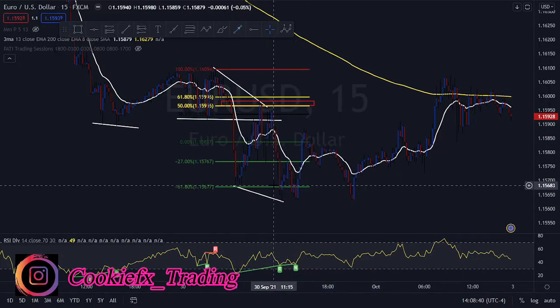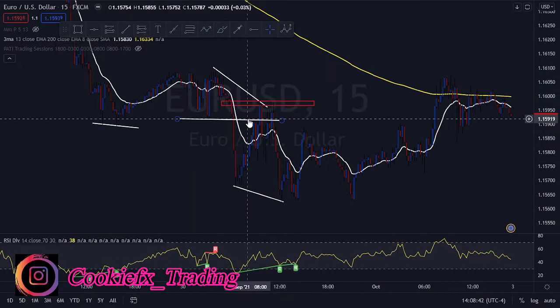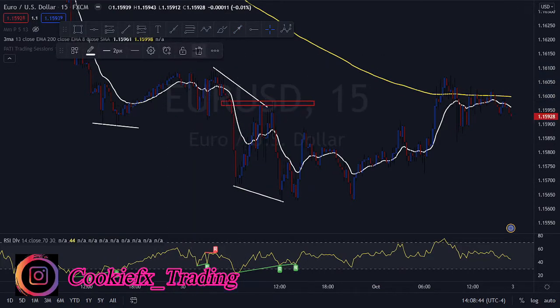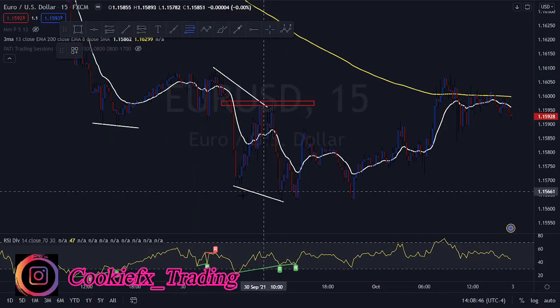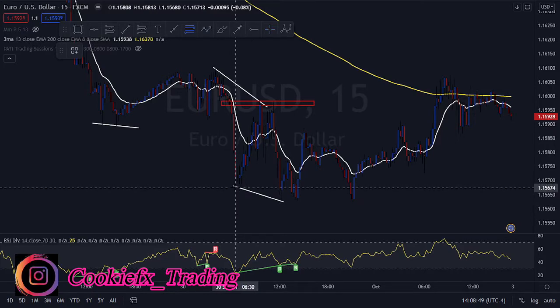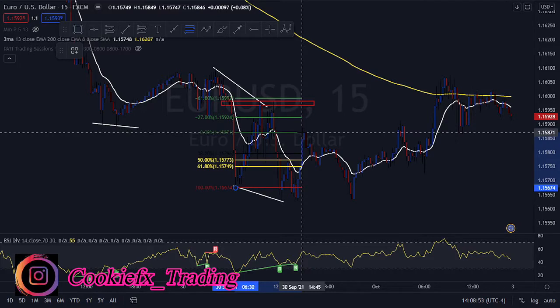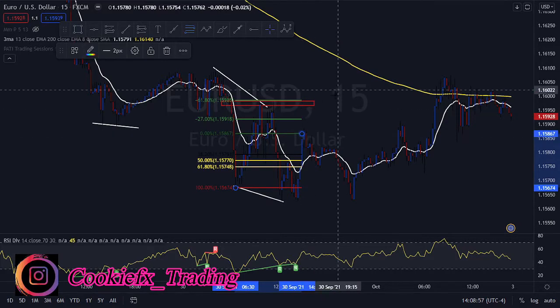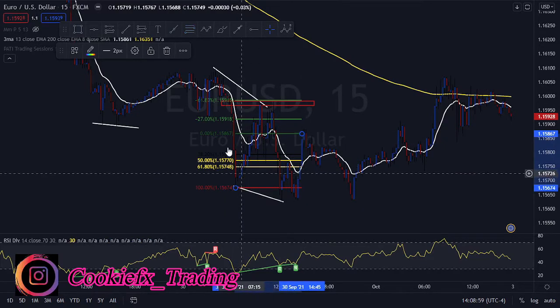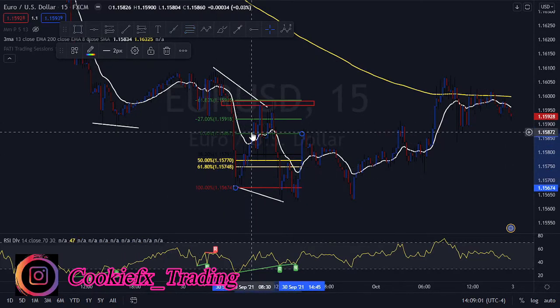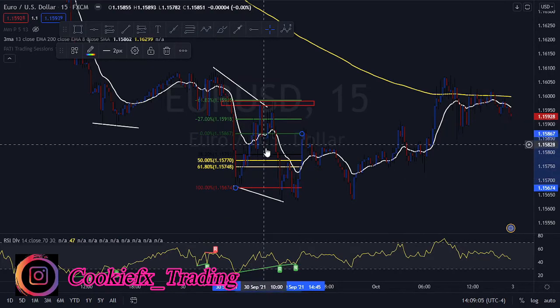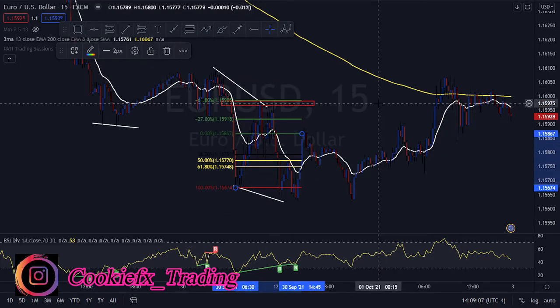Now the reason why I say that the people who took the buy got stopped out is because, say you run your fib from that point to that point, if you don't take your profit off your positions at a fast pace, you're going to get stopped out clearly.